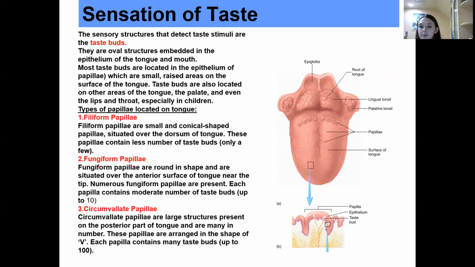Numerous fungiform papillae are present, and each papilla contains a moderate number of taste buds. And circumvallate papillae contain many taste buds. They are large structures present on the posterior part of the tongue, and they are present in small numbers. These papillae are arranged in a V shape.